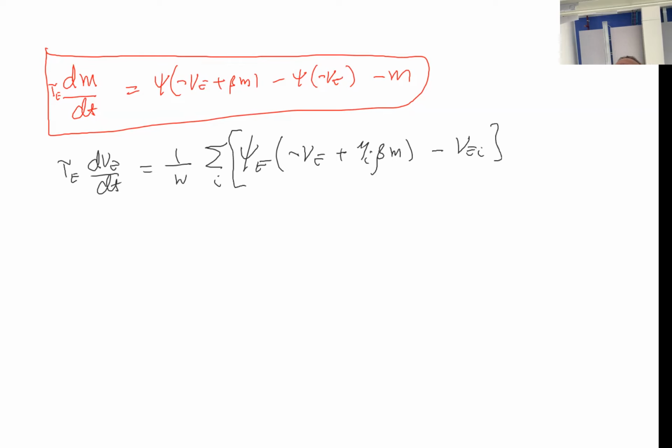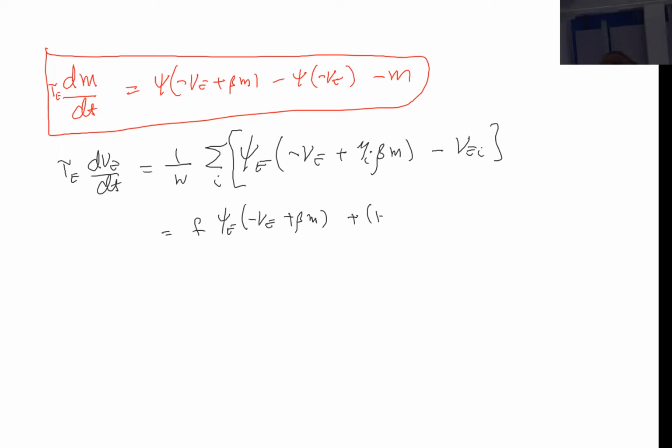Okay, so this term again, there's a fraction. So this is a fraction f of these that have eta i equals 1. So f is psi e of minus nu e plus beta m. And a fraction 1 minus f has eta i equal to 0, so psi e of minus nu e.